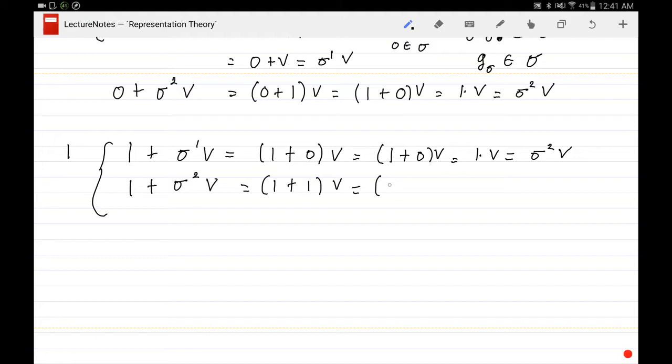Well, this can be written as 0 plus 2 acting on V. Remember, this is 2, and 2 should be written as an element from our subgroup plus an element from our left transversal set. But remember, 2 acting on V is minus V, and so we have, and this is 0 is in sigma 1.